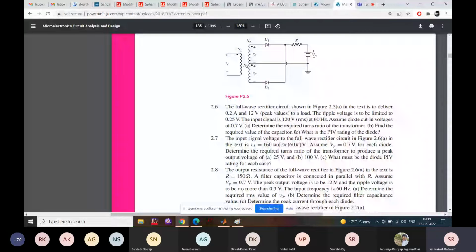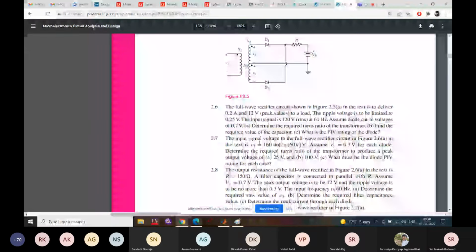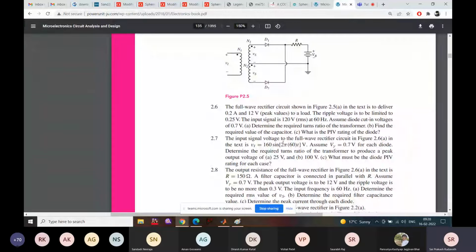Try for the second part, B part. Find the required value of the capacitor.